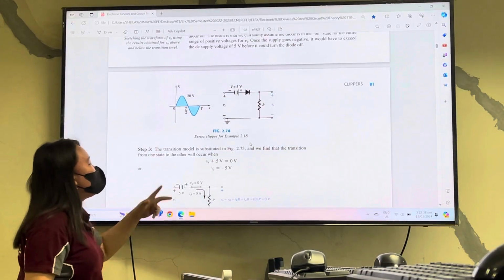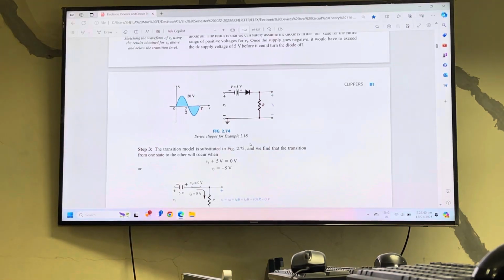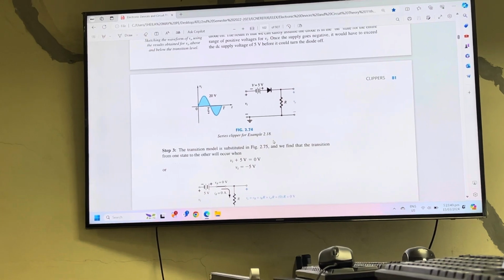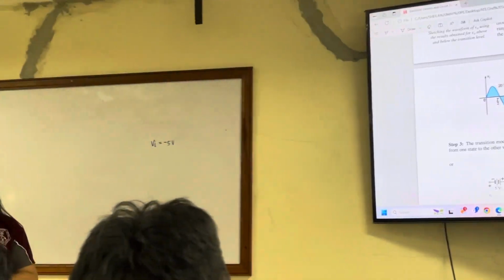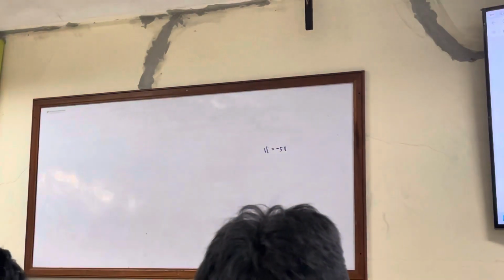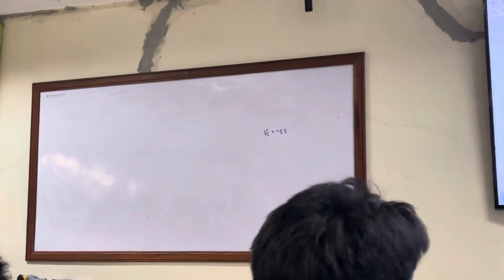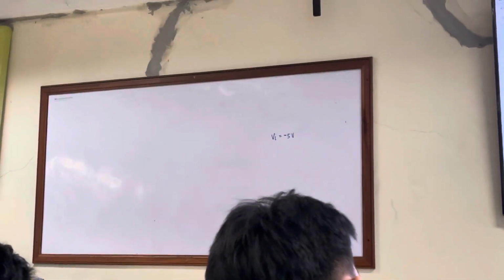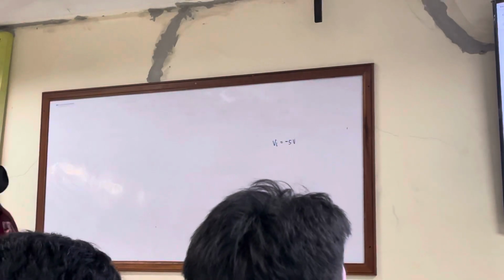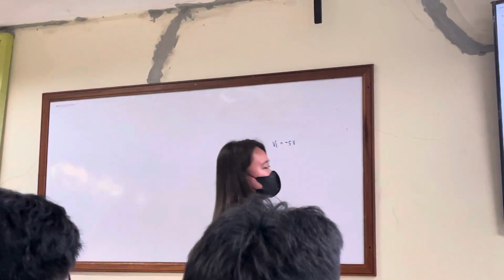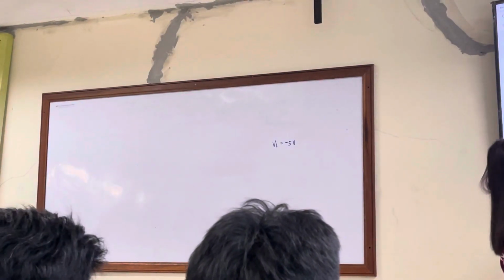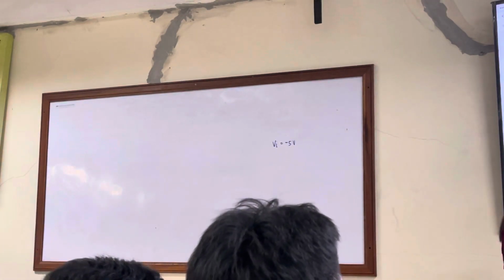Okay? Now, to find VI. VI is negative 5 volts. Now, next step, we need to find it in its on and off state. So, for on, the diode is positive, forward biased. So, we can do a loop.